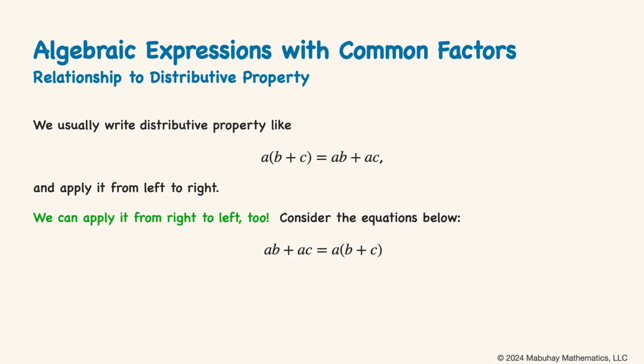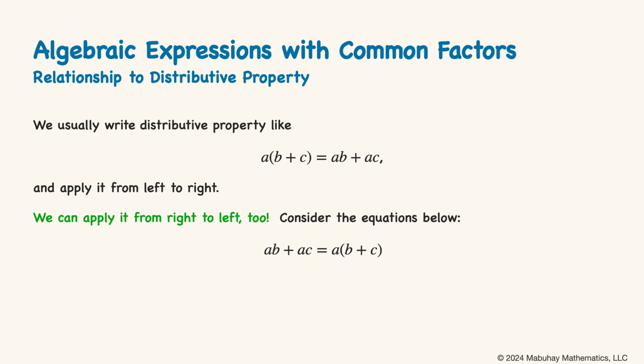What this rule is telling us is that since A is a common factor, we can pull it out in front of those other factors, B and C, which are combined together inside the parentheses. So it's telling us how to rewrite the original expression with the knowledge that A is a common factor.